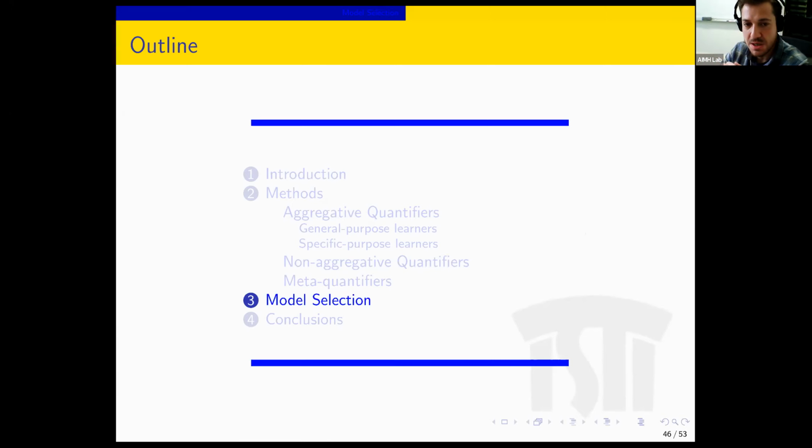It is publicly available, and we will review some of its features and how to set up the environment for performing experiments on learning to quantify. But before going into the details, I want to cover this last part regarding model selection.